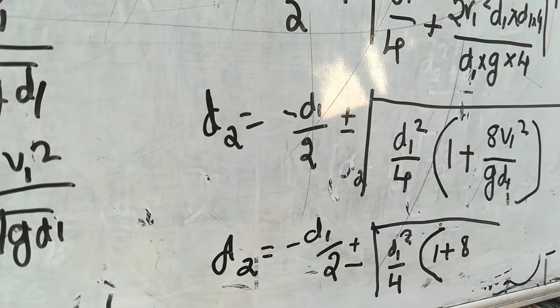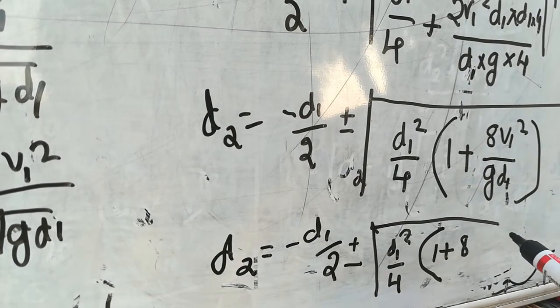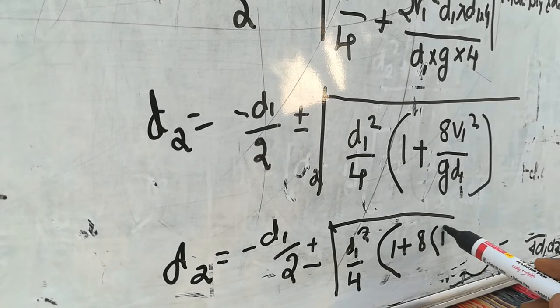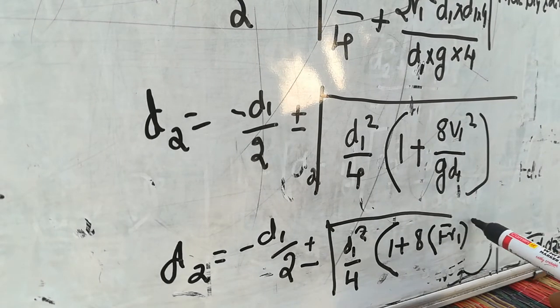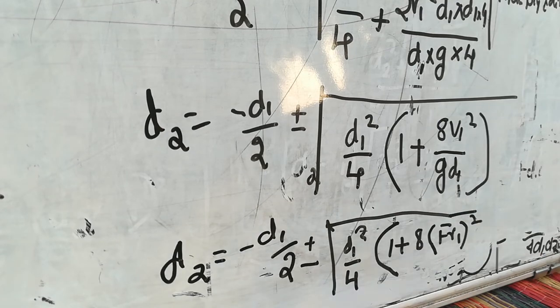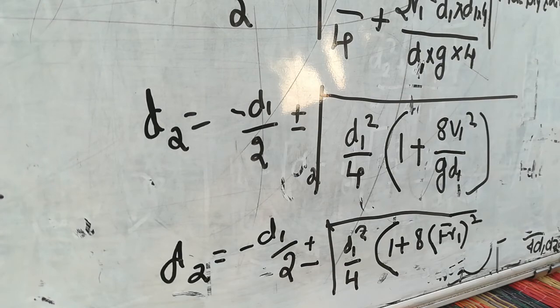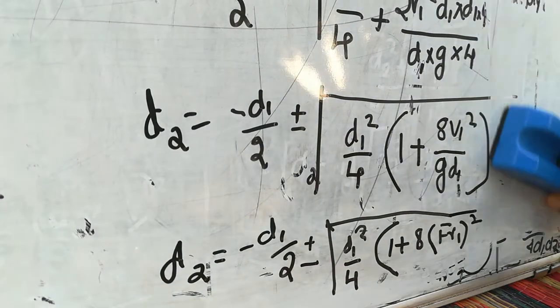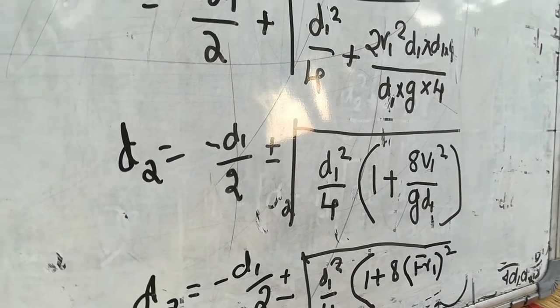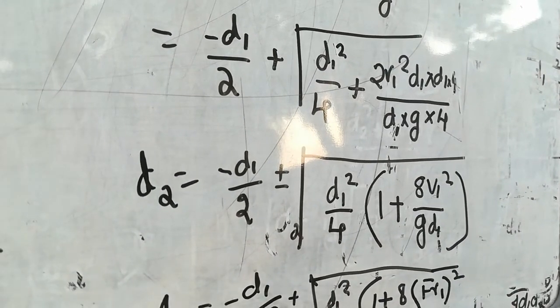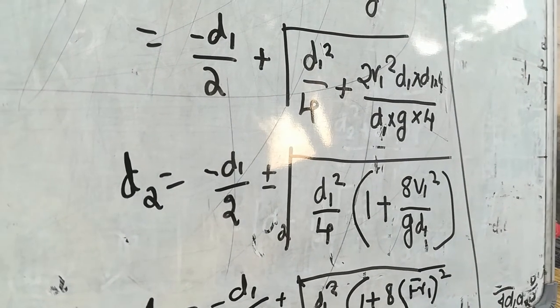We know that this value is Froude number 1 square. So this one we can write with Froude number 1 square.